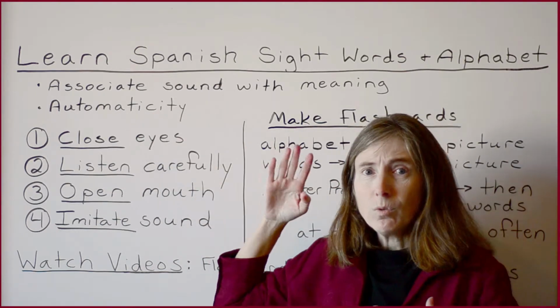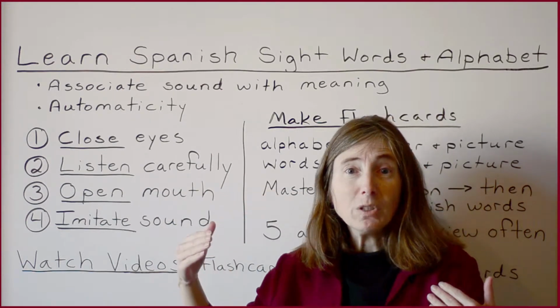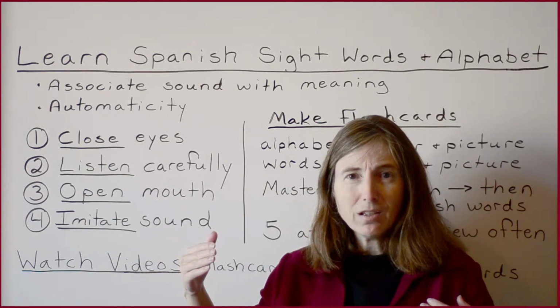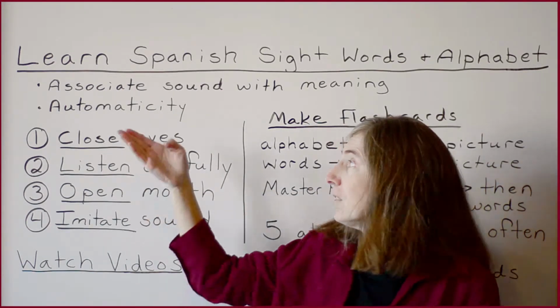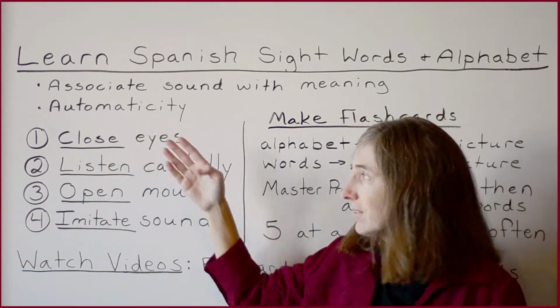So what we're going to do is go back and use some of the skills we used as an infant and as a toddler to learn to associate sound with meaning and to develop that automaticity.